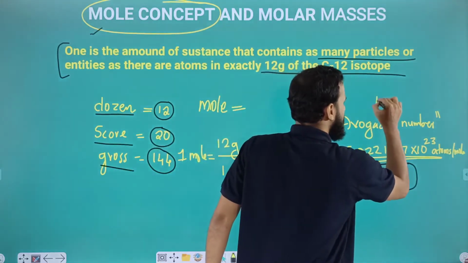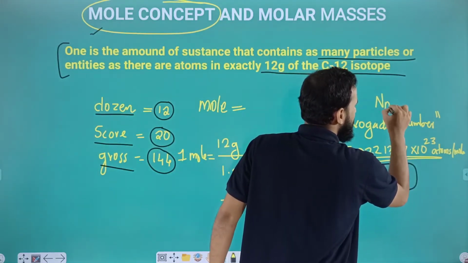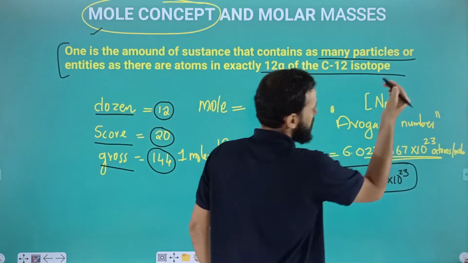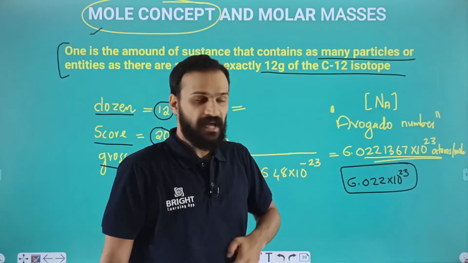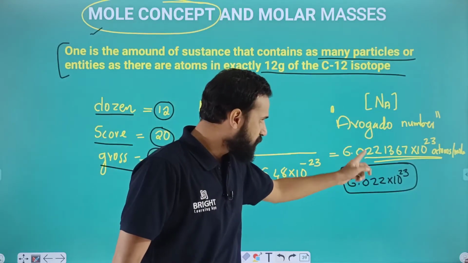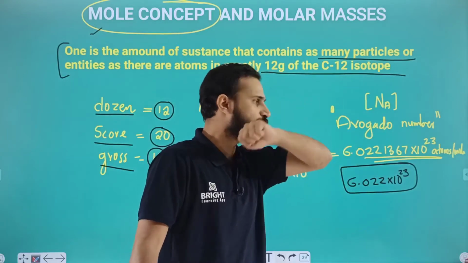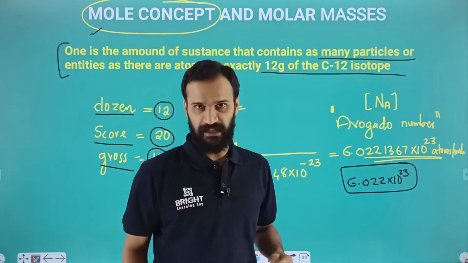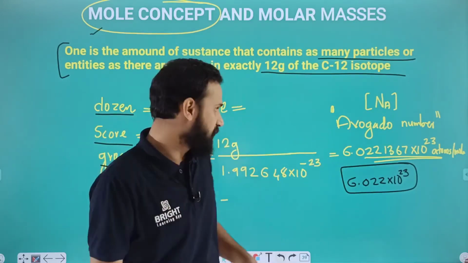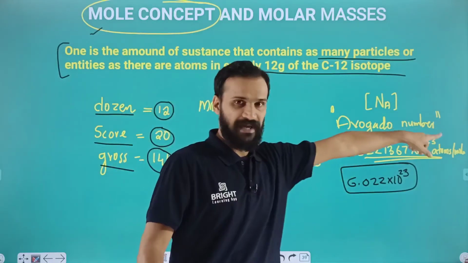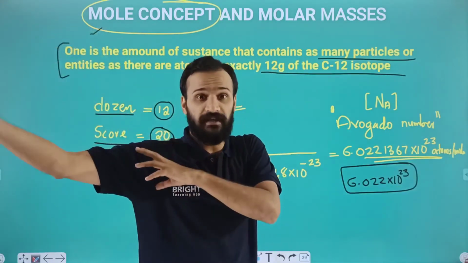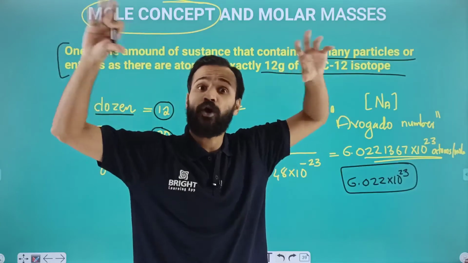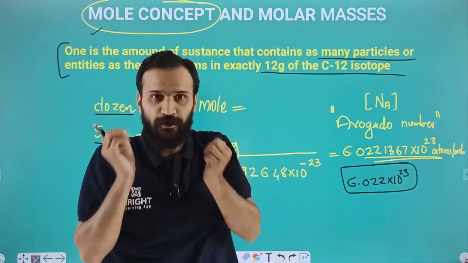It is generally represented as NA, the Avogadro number, equal to 6.0221367 into 10 raised to 23 particles. Generally particles: in the case of carbon 12, that will be atoms; in the case of a molecule, molecules; in the case of ionic compounds like NaCl, formula units.